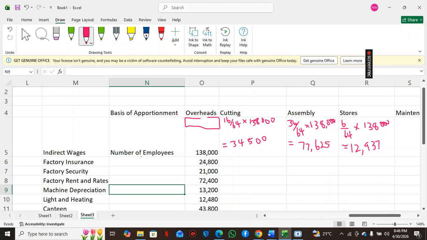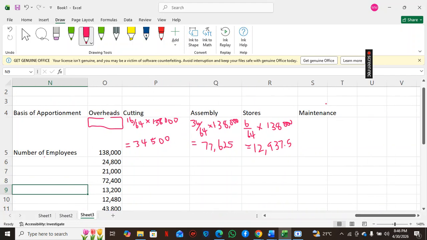Okay. Similar with maintenance, you're going to do the same. Since there are also 6 workers in maintenance, you do 6 over 64 times 138,000.